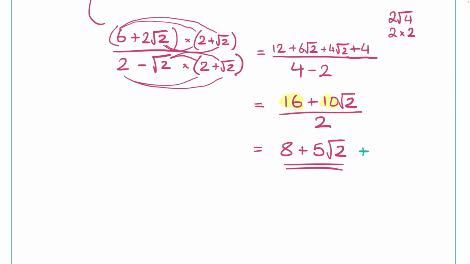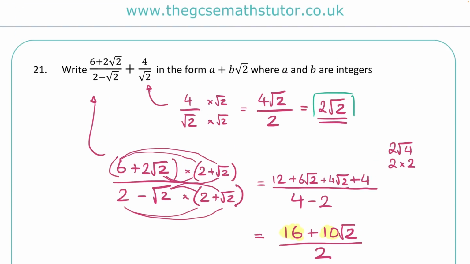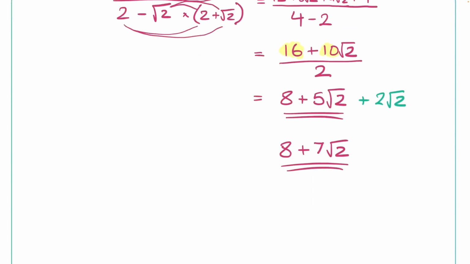So 2 root 2, there we go, and once we add all of those together we get 8 plus 7 root 2, and there we go, there is our final answer. Nice and easy, that final step there, just adding that additional 2 root 2. We've got our answer in the exact form that it wanted, a plus b root 2, where a and b are integers. We've got 8 plus 7 root 2, and there's our final answer.